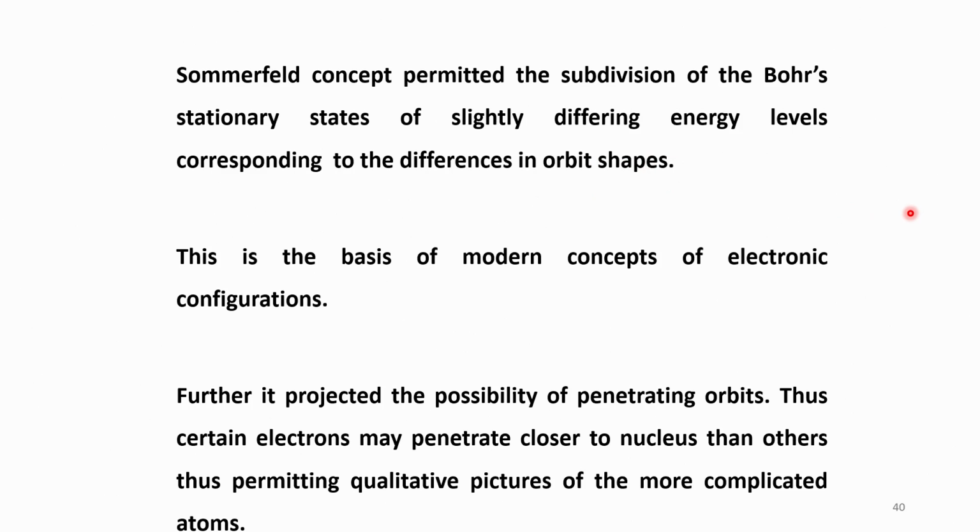Further, it projected the possibility of penetrating orbits, because most of the orbits are empty space. If one orbit is empty space, an orbit can occupy another, one into another, and the electron can be in any of these orbits.